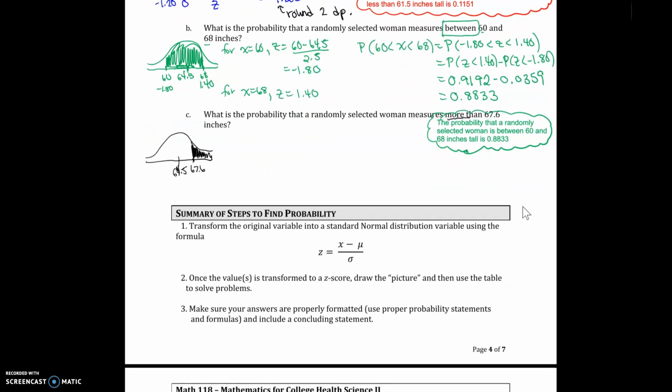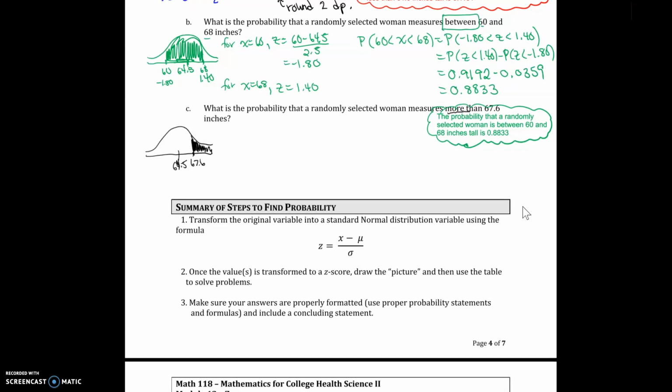Okay, I'm going to scroll down and show again the summary of the steps that we follow. So what we're going to do is transform our x value, our value that's in the units of measure that we're interested in, into a z-score. We're going to figure out how many standard deviations that value is from the mean.